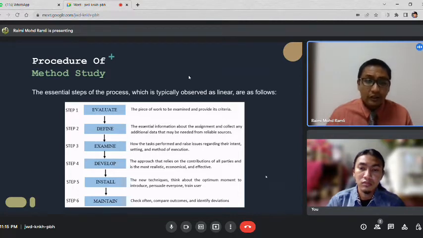Step 4 is develop the approach that relies on the contribution of all parties and is the most realistic, economical, and effective. Step 5 is install the new technique; think about the optimum moment to introduce it, persuade everyone, train users. Step 6 is maintain. Check often, compare outcomes, and identify deviation.